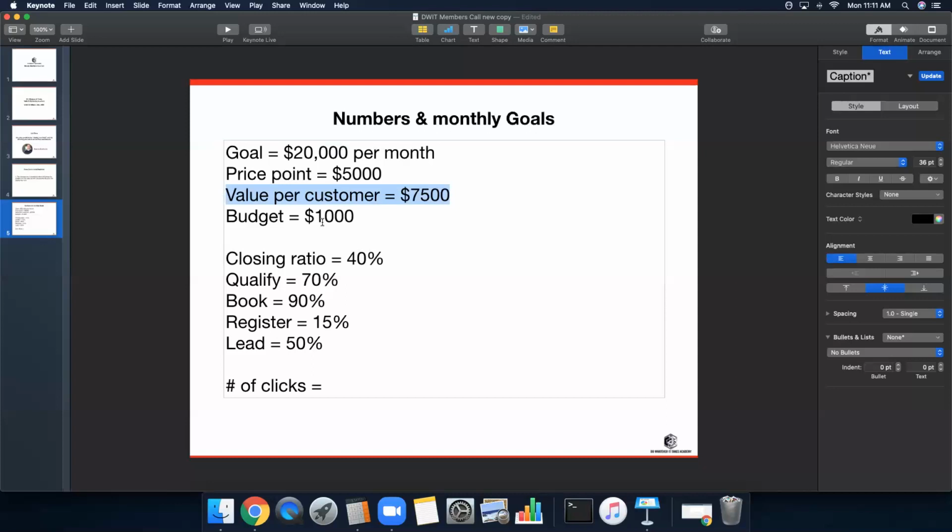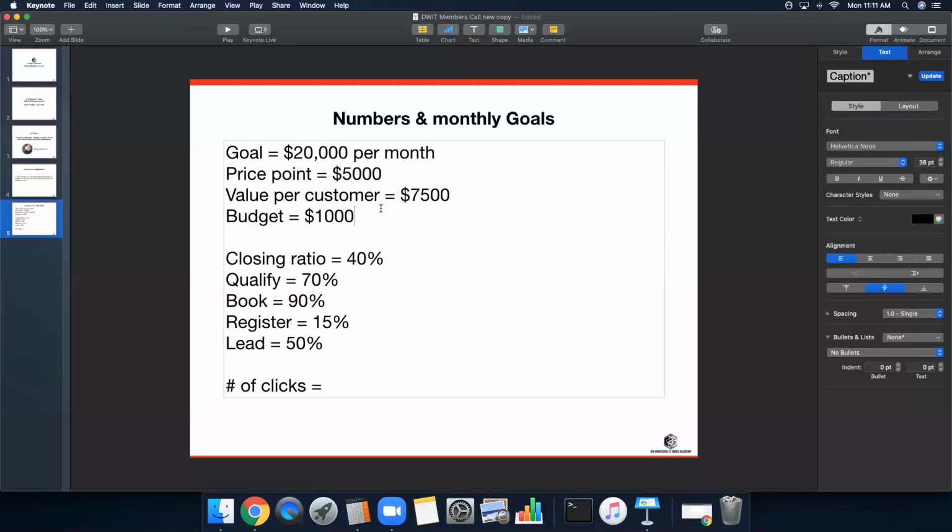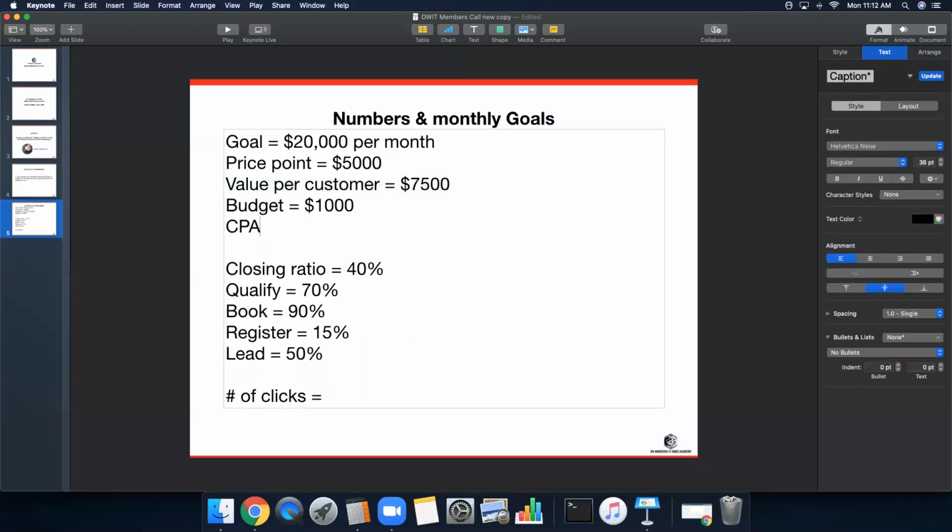Now, if we're looking at 2.5 clients, let's do the math, right? $1,000 divided by 2.5, that's $400 we can now invest. So now we're looking at our cost per acquisition needing to be less than $400, which is actually doable, possibly, right? Depending on what we're going to be looking at in a second.